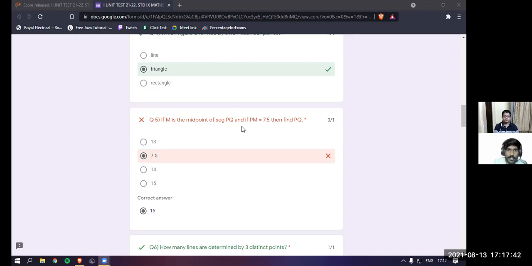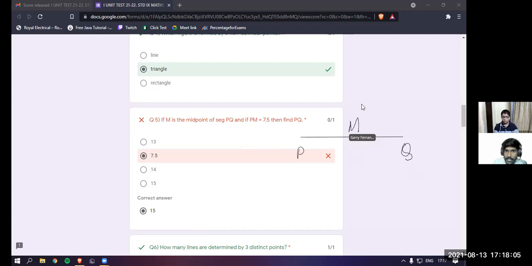So what is done here is, this is P and this is Q. M is the midpoint of this segment. PM is 7.5.